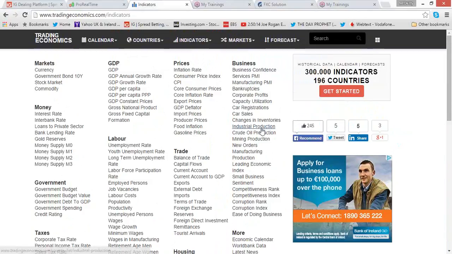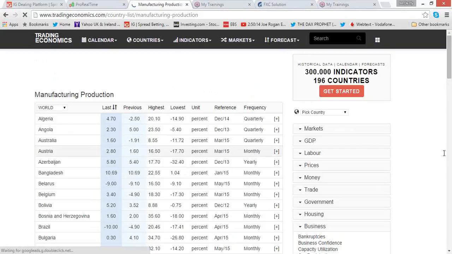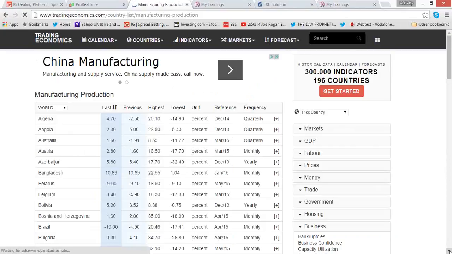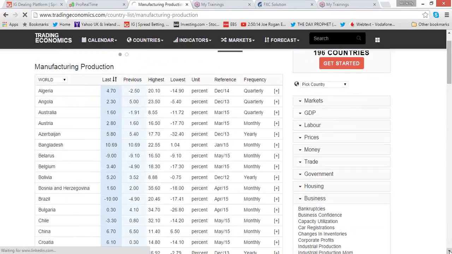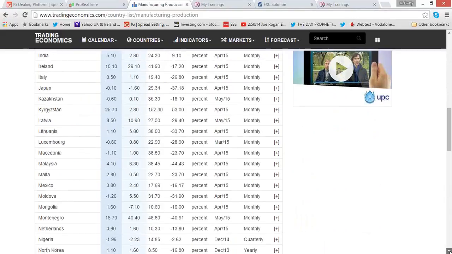Okay, so you can see your business here, manufacturing. Okay, so you can pull down manufacturing, and no matter what country you are trading in or whatever market you're looking at, you have a record of the manufacturing activity.